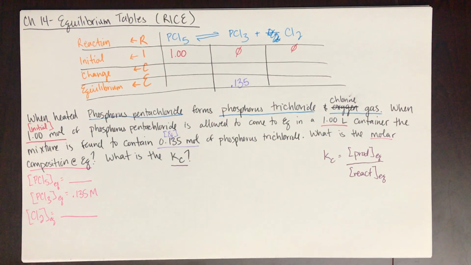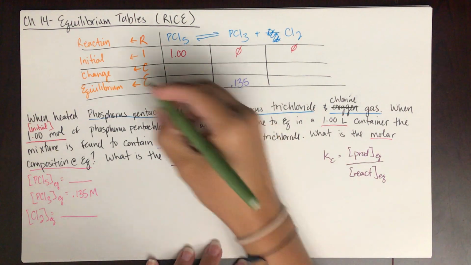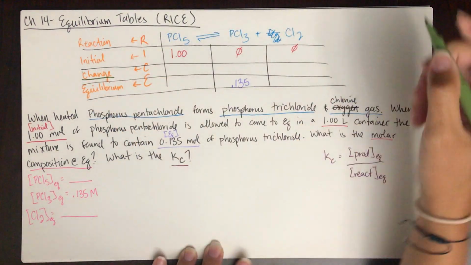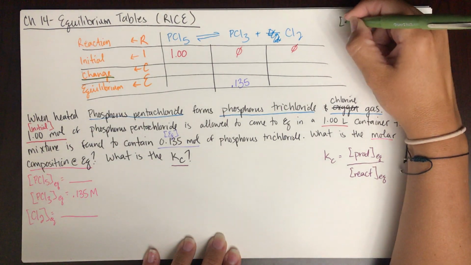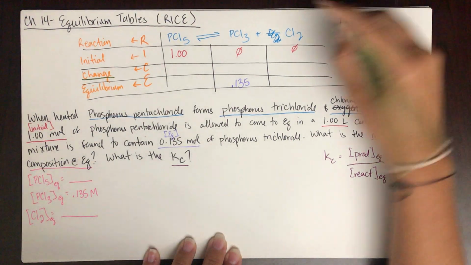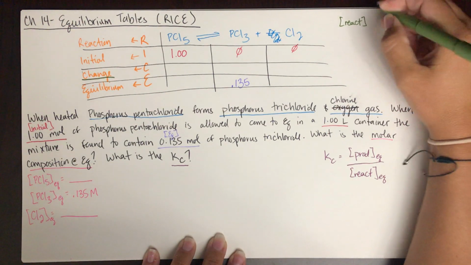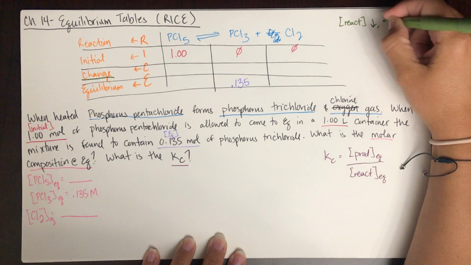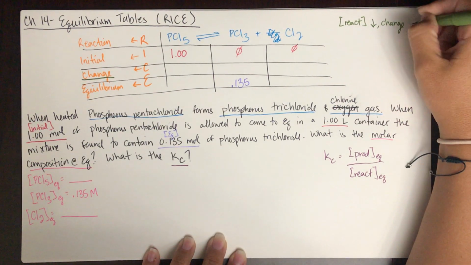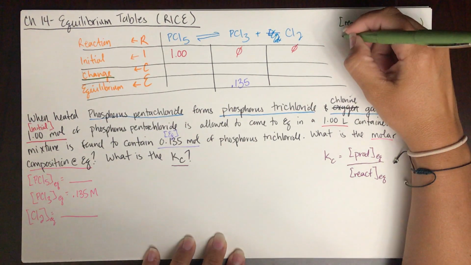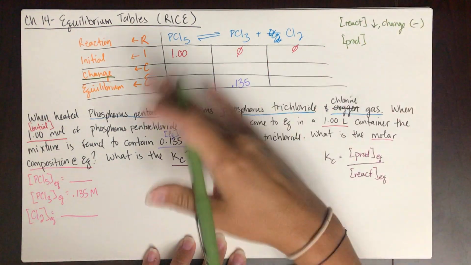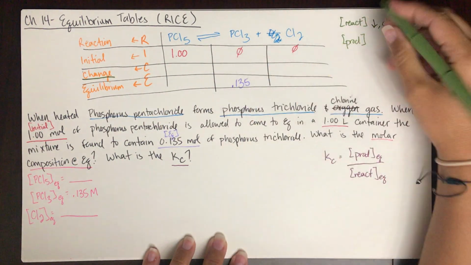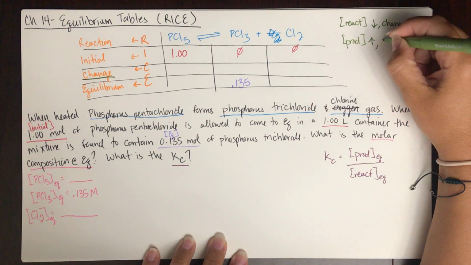So for the change, it is always negative for the reactants, because the concentration of the reactants, once this reaction starts, is always decreasing. So the change is going to be a negative amount. The concentration for the products, as this reaction proceeds, it's starting at 0, it's always going to be increasing.